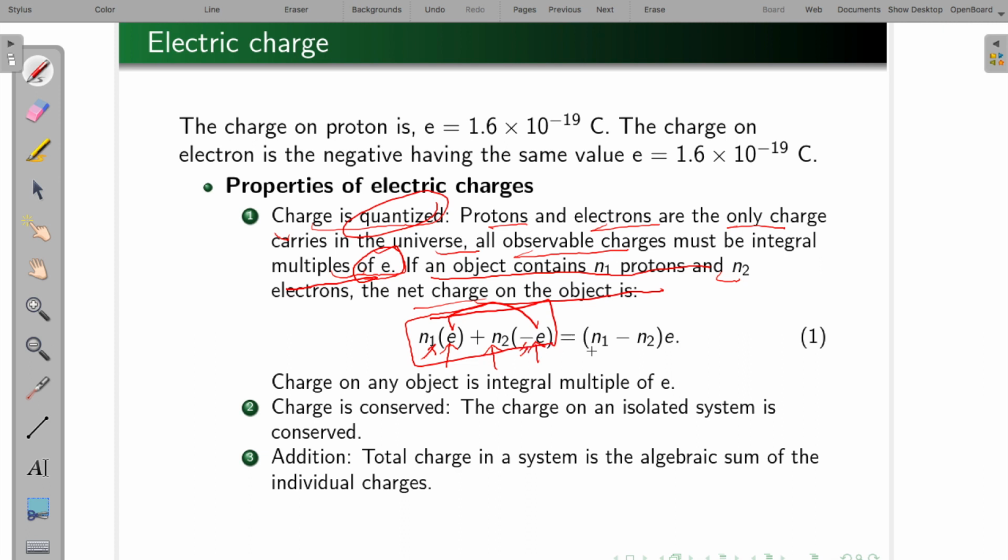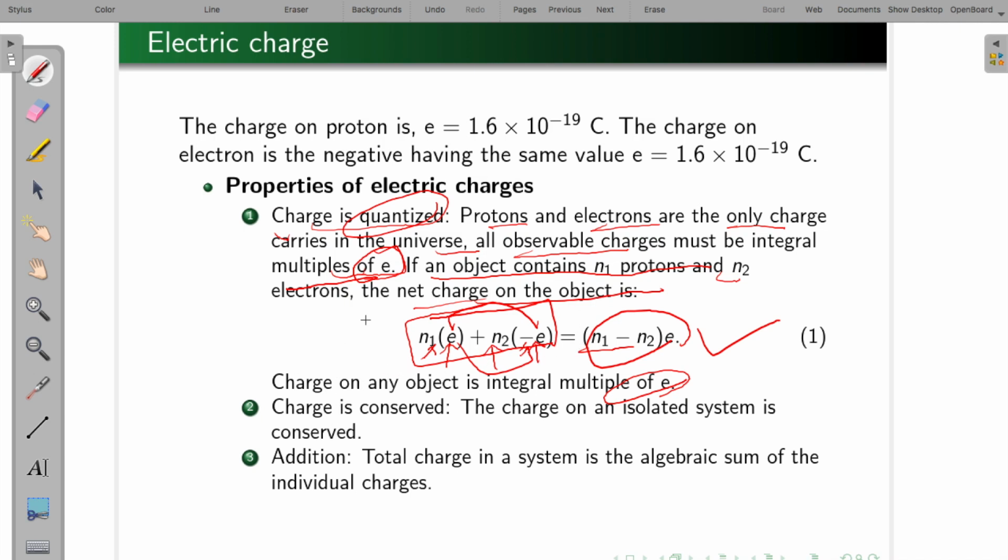So if we take the common charge e, it will become (n1 minus n2) multiplied by e. The charge on any object is integral multiple of e, so I have written here again the same statement.